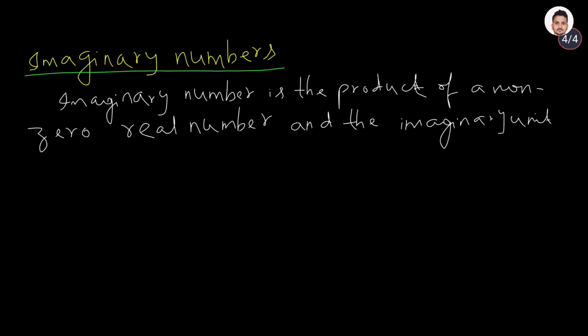We denote the imaginary unit by i. We call imaginary unit i as iota. I hope you understand the definition of imaginary number. I will explain in more depth with some examples.